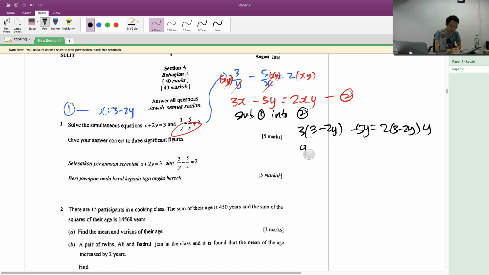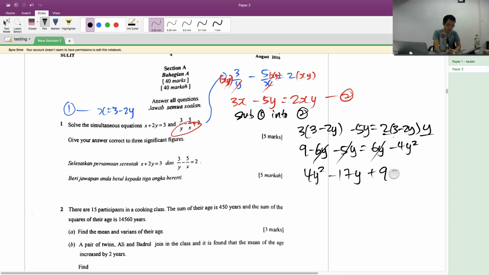This one will be 9 minus 6y minus 5y equals, 2y multiplied by 3 is 6y, and 2y multiplied by 2y is negative 4y squared. Then we want to solve it, so I move the 4y squared to here. This one is negative 11y minus 17y, and then plus 9 equals 0.